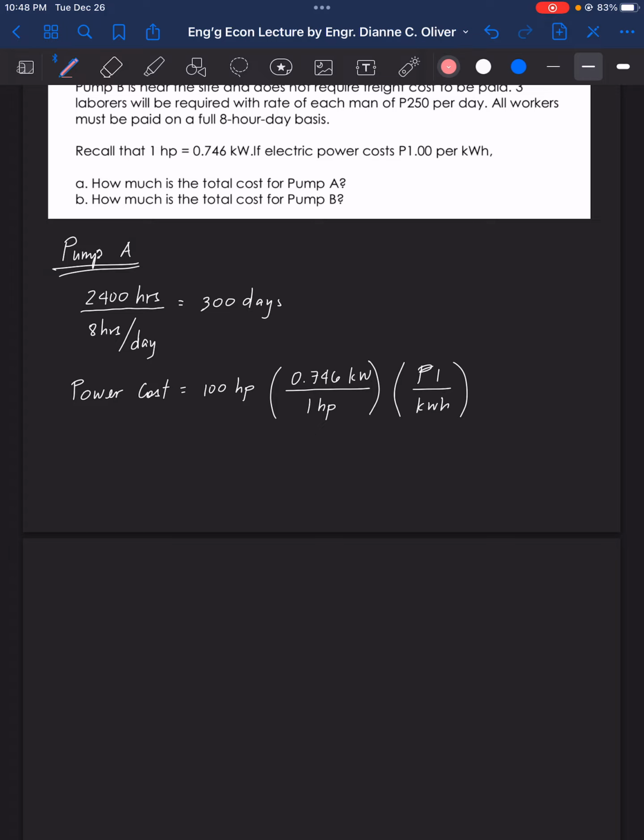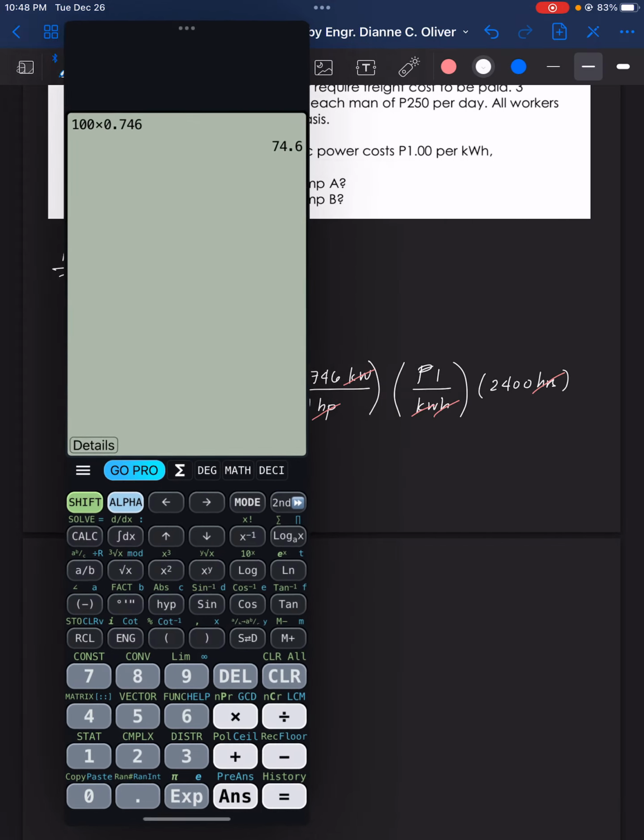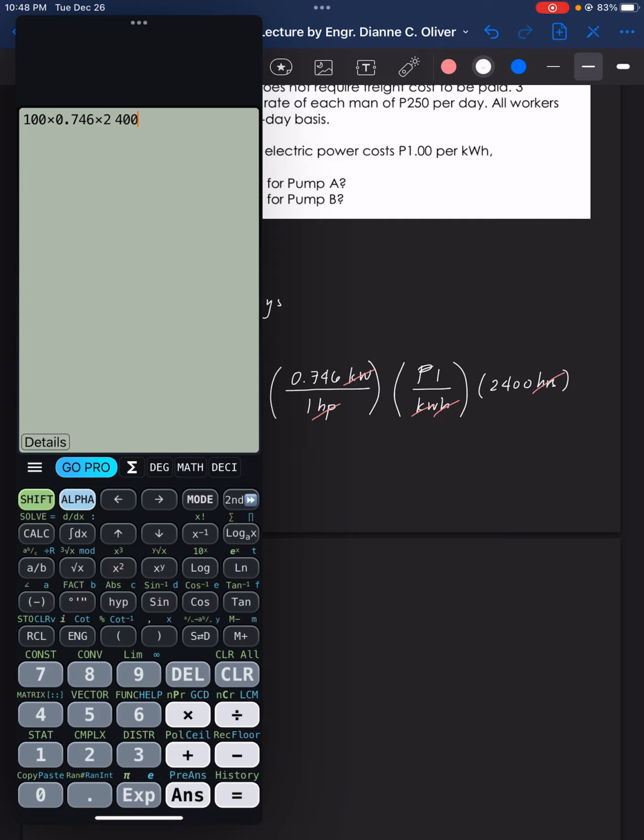So we can cancel out here horsepower and kilowatts. How about the hours? So the required hours for pump A is 2,400 hours. So we can now cancel here hours. So what's left? Power cost is now equal to 100 times 0.746 times 2,400.